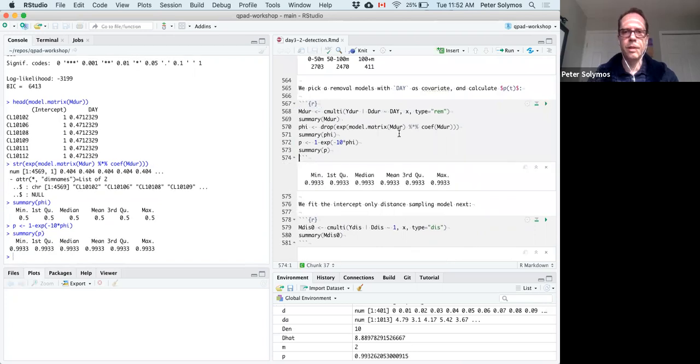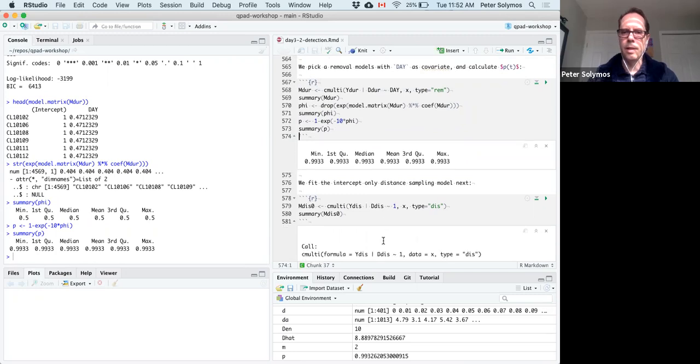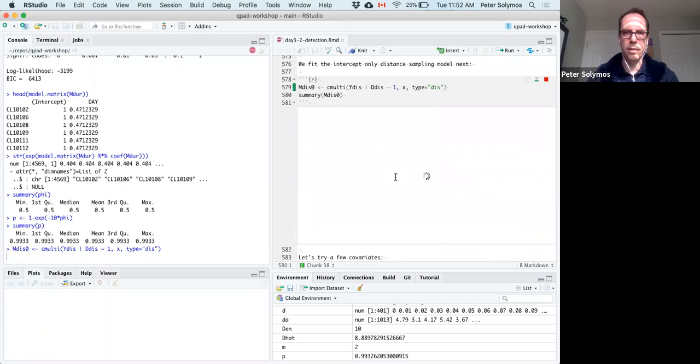Summary P. There might be very little variation. That can be why we see all these same numbers, but it's still weird. So maybe I just investigate in the break, but I'm not going to do that right now. So if we move on and do the distance sampling part, just a constant.